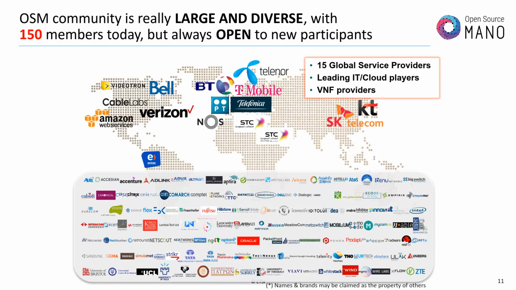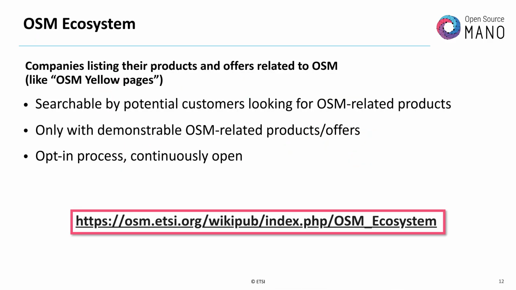Right? Well, the OSM community is big, 150 members of industry and academia, distributed geographically everywhere and in every single layer of the cloud and IT and network. So we are quite comfortable with this community.